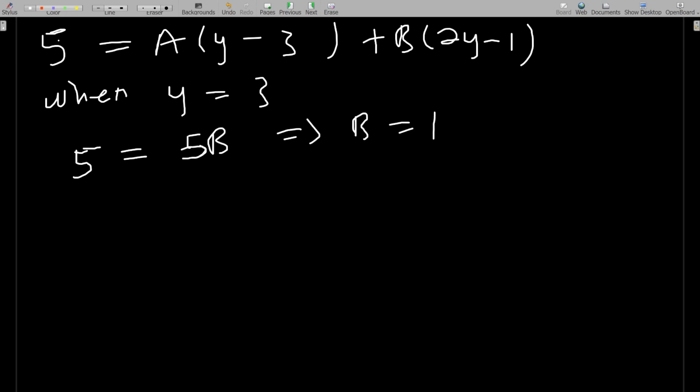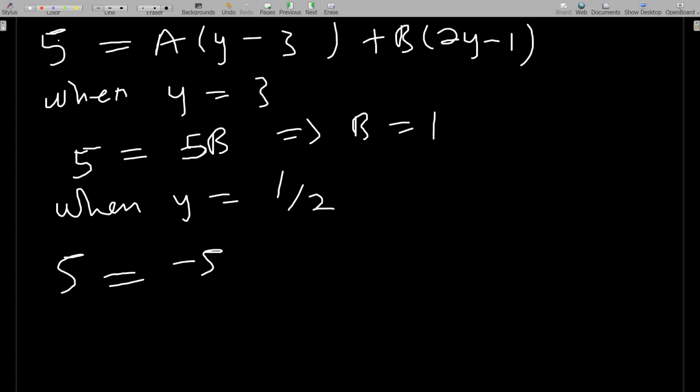And when y is equal to half, I'll have a into (half minus 3), and half minus 3 is simply minus 5 over 2. So I have 5 is equal to minus 5 over 2 times a, and the b part will give us 0, because 2 times half gives 1, minus 1 gives 0.